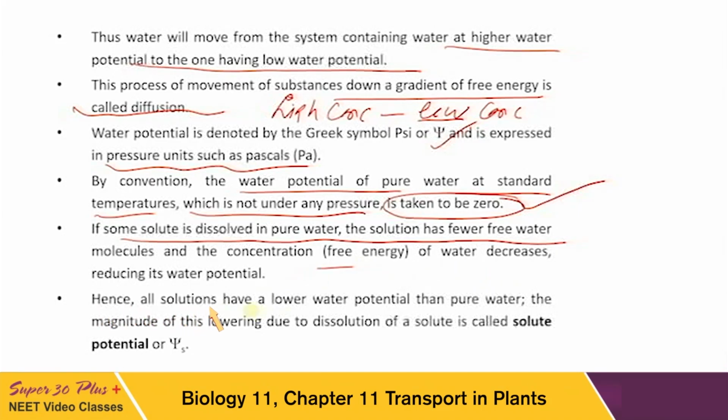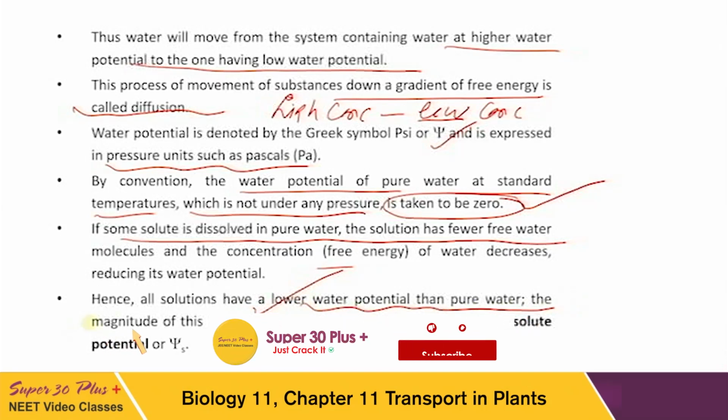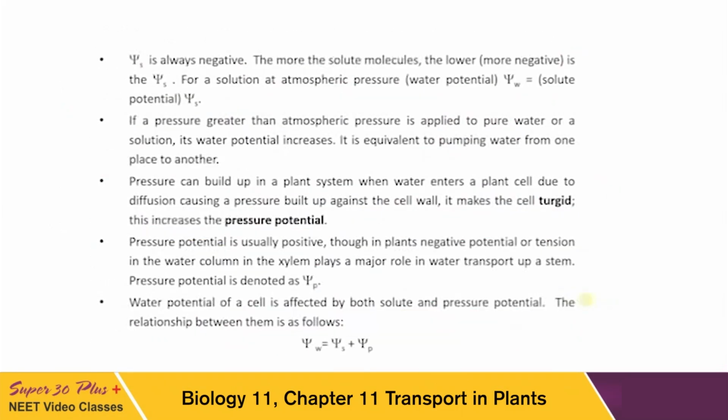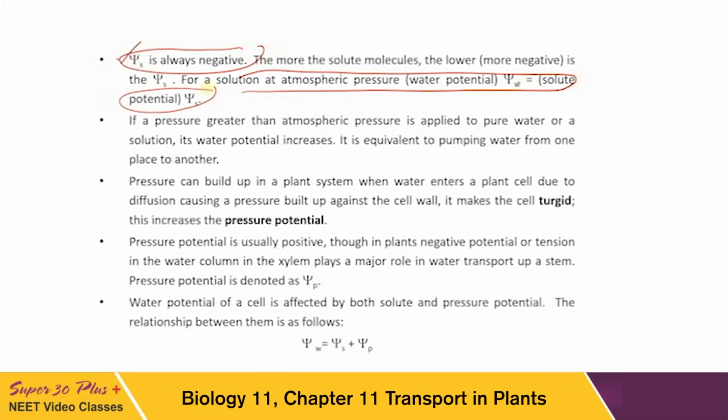Hence all solutions have lower water potential than pure water, and the magnitude of this lowering is called solute potential, denoted by psi S. Always remember that psi S is always negative. For a solution at atmospheric pressure, an important statement: solute potential is equal to water potential, right? If pressure is greater than atmospheric pressure, the water potential will increase.